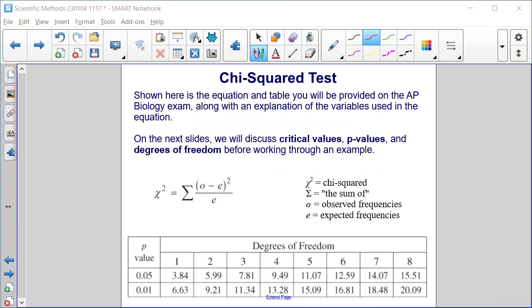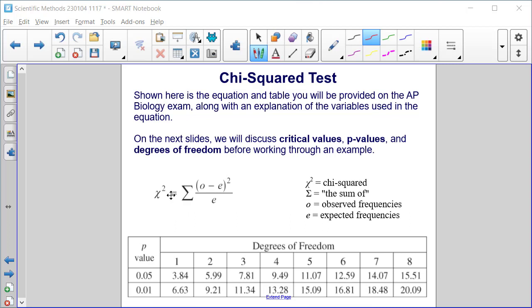Shown here is the equation and table you will be provided on the AP Biology exam, along with an explanation of the variables used in the equation. On the next slides, we will discuss critical values, p-values, and degrees of freedom before working through an example. So this is the Greek letter chi.